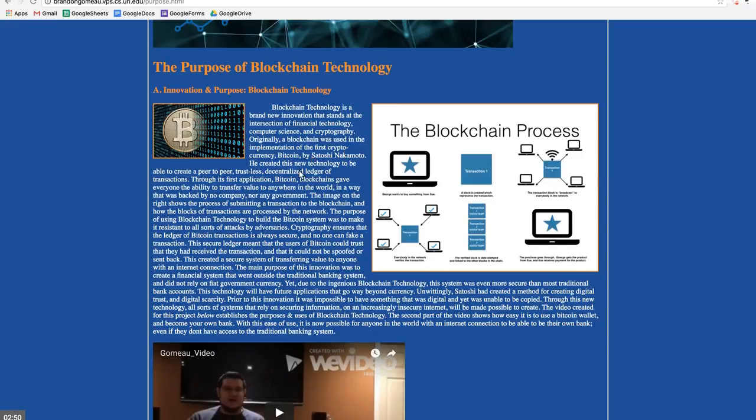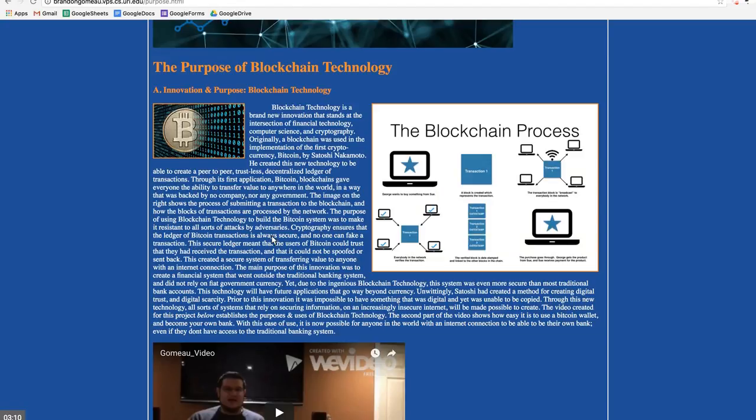These are currencies that are peer-to-peer, trustless, and decentralized, and it works based on a ledger of transactions, which is actually called the blockchain. And as the blockchain is built, cryptography ensures that the ledger of Bitcoin transactions is always secure.